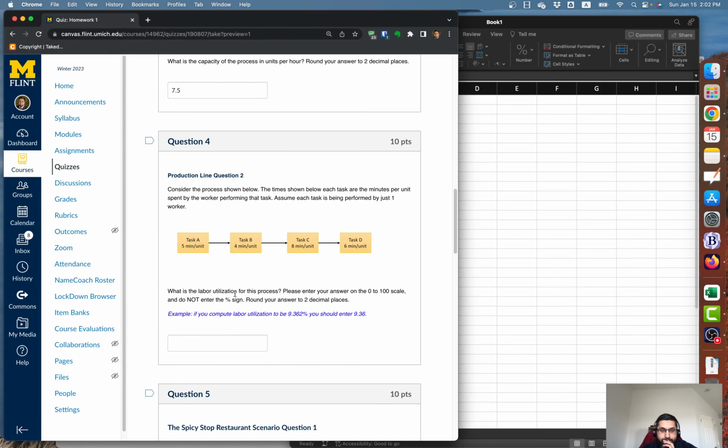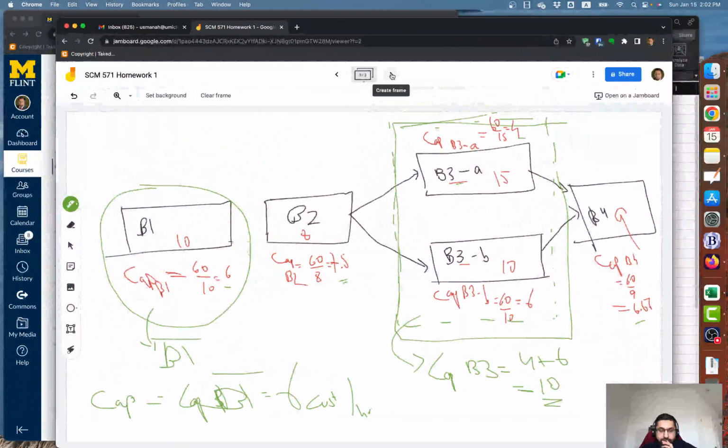Okay? So to find the labor utilization, we are going to add up these times, and then we're going to divide by cycle time times the number of tasks we have. The formulas are given in the slides.